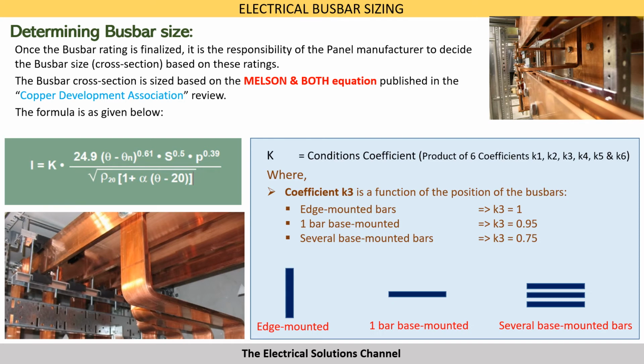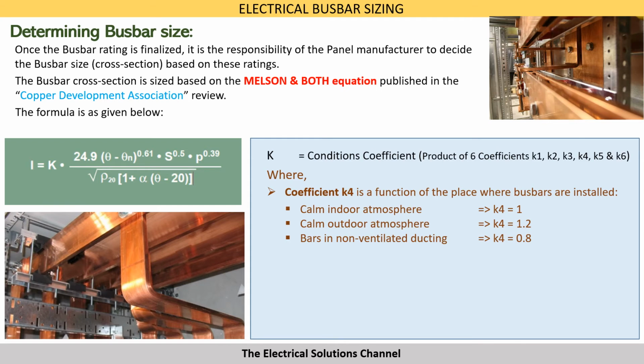Coefficient K3 is a function of the position of the busbars. For edge-mounted busbars, K3 is equal to 1. For single busbar, which is base mounted, K3 is equal to 0.95. For several base mounted busbars, K3 is equal to 0.75.